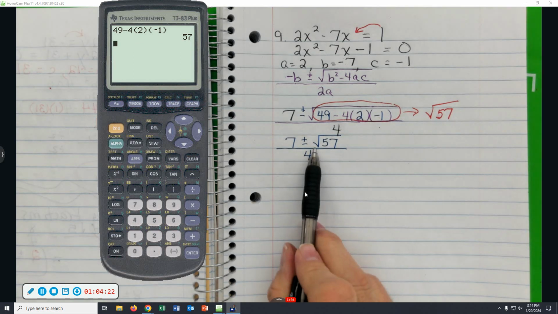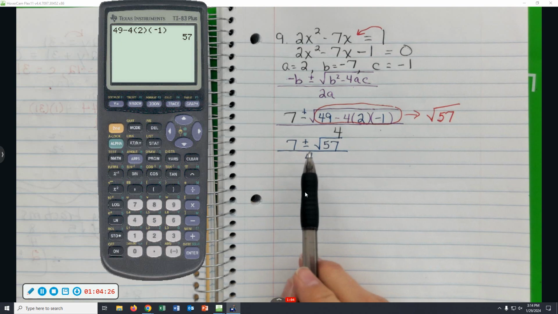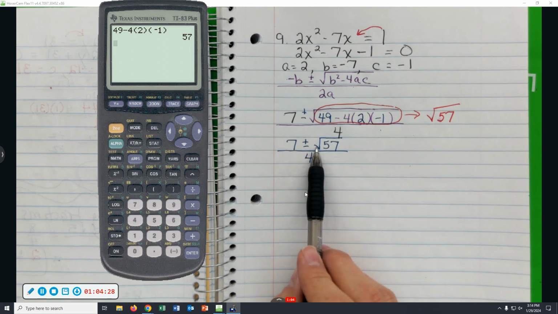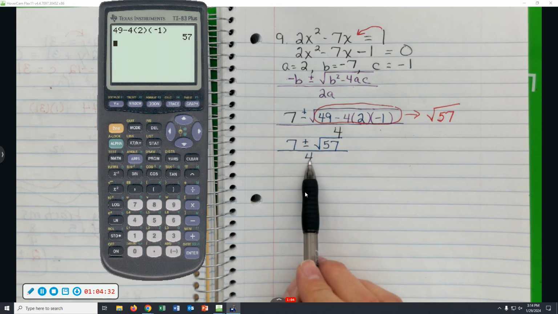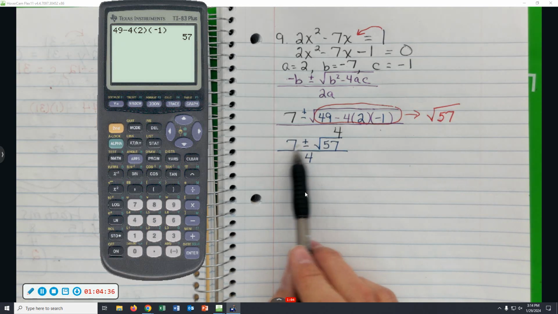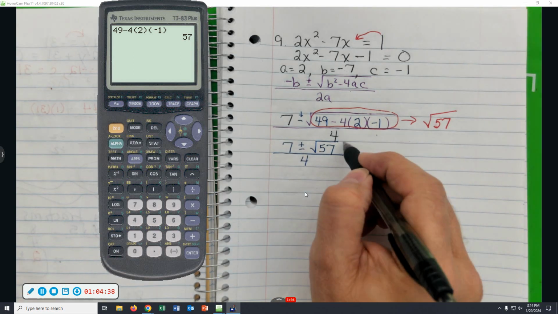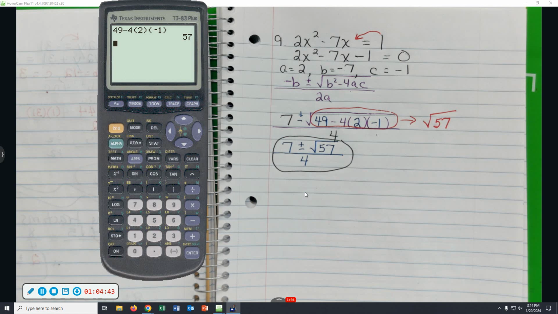There's not a number in front of the square root, so we assume a 1 there. 7, 1, and 4. Is there anything I can divide those numbers by? No. So there it is: 7 plus or minus the square root of 57 all over 4.